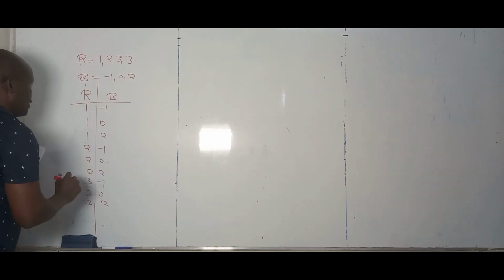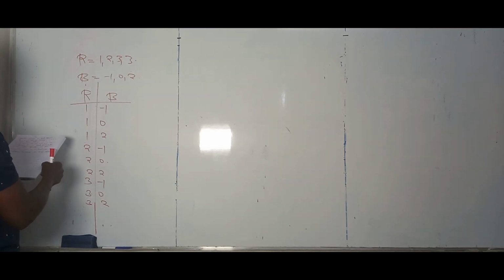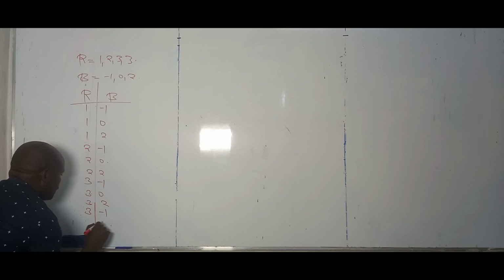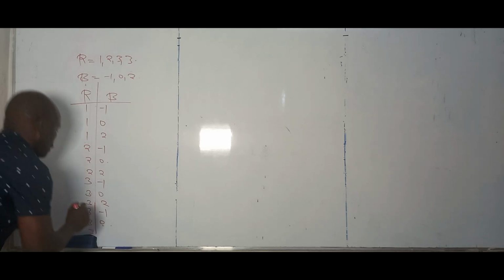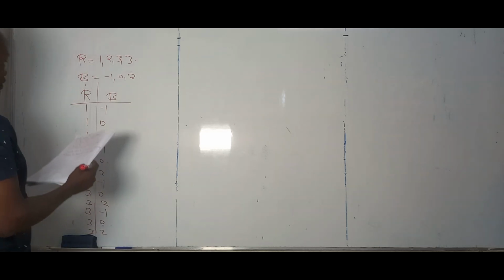That other 3 will just follow the same pattern: 3 and -1, 3 and 0, and 3 and 2. So those are the possibilities that I have.